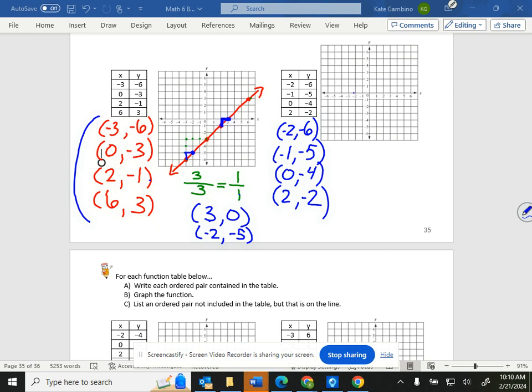Then I have to connect them. So that's my first 2 steps. I wrote my ordered pairs. I graphed them and drew the line. Arrows on both ends so we know it continues.